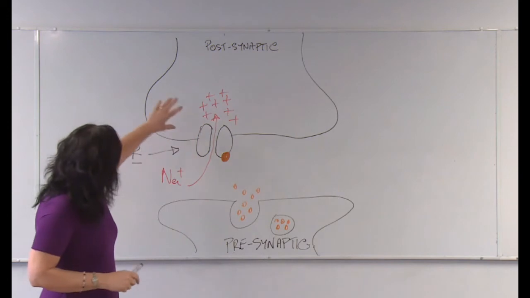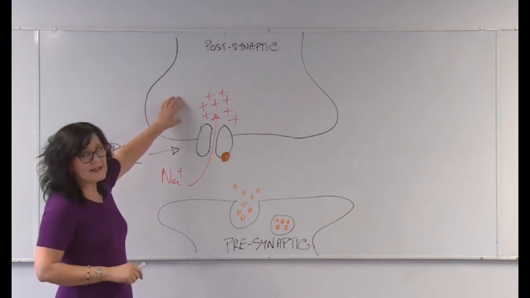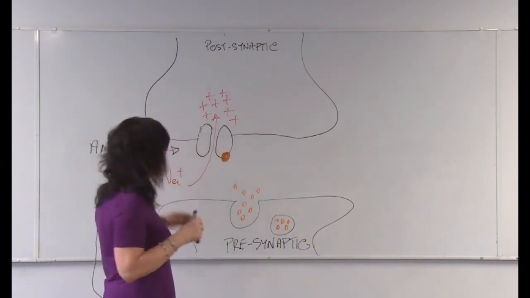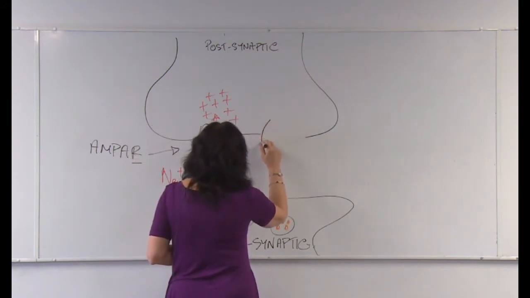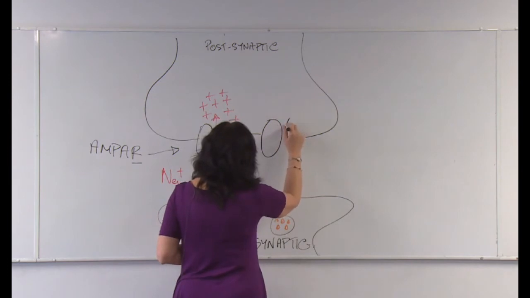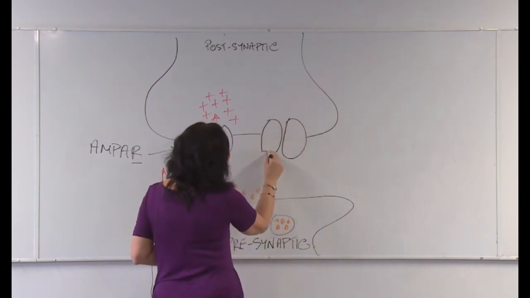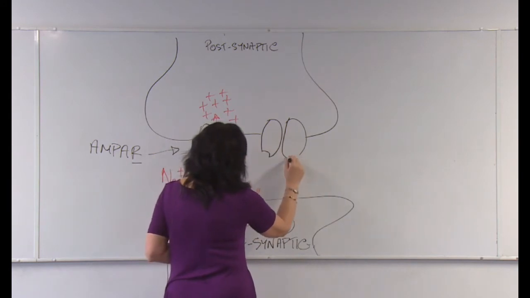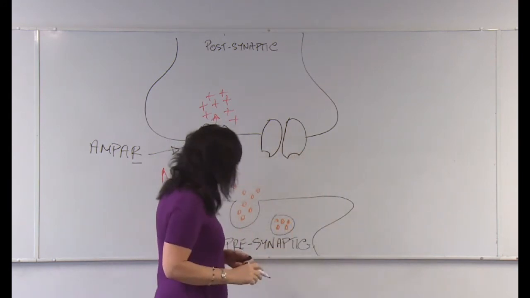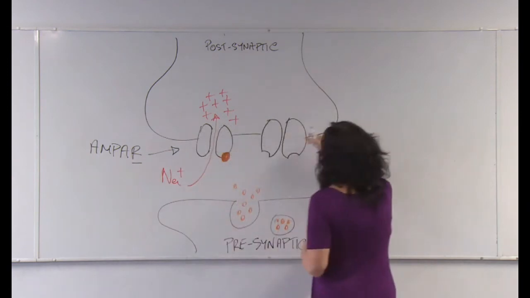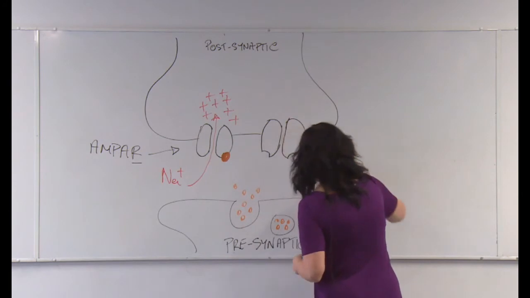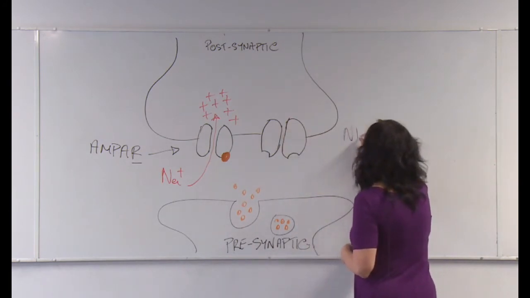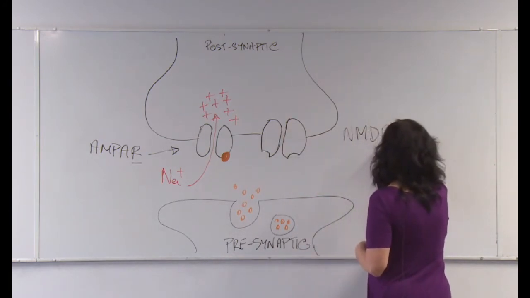But on our postsynaptic membrane in C fibers, not in A delta, we also have another ionotropic channel and receptors. I say receptors because we actually need two things to bind. And these are NMDARs.